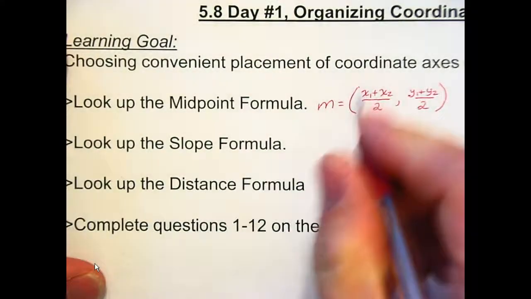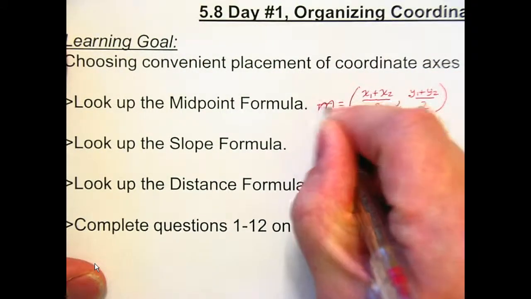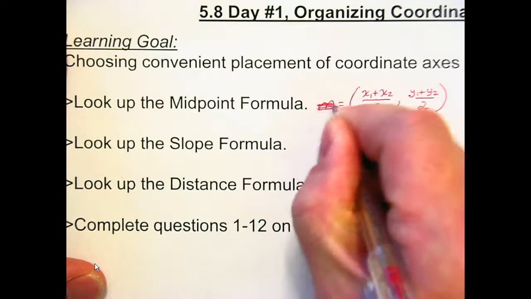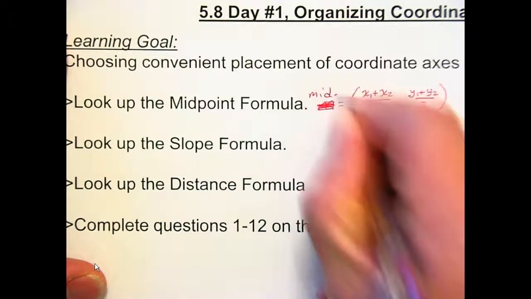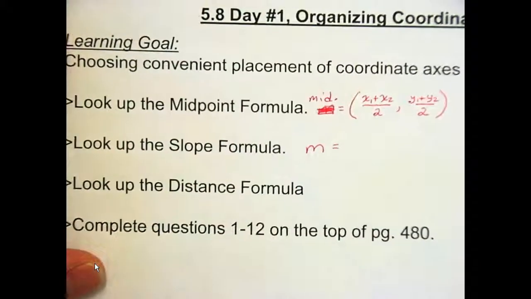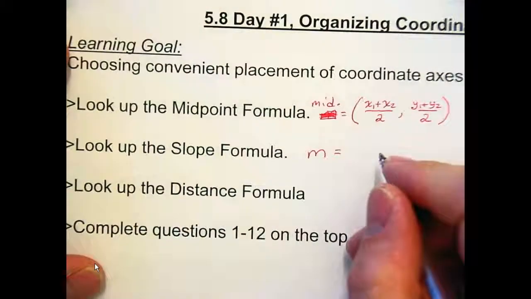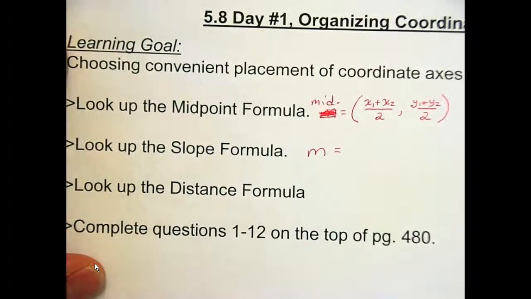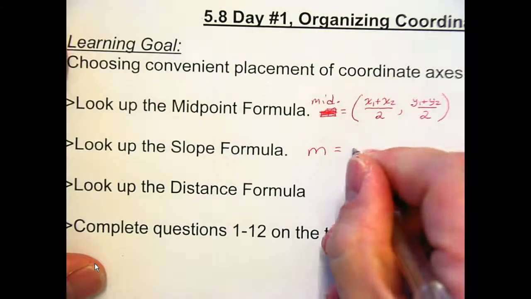Slope formula. I guess maybe rather than calling this M, we may want to call it midpoint since we call slope M. Okay? Or mid. The slope M is equal to, anyone remember? That is slope-intercept form.